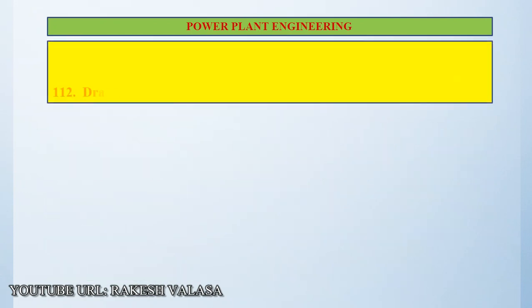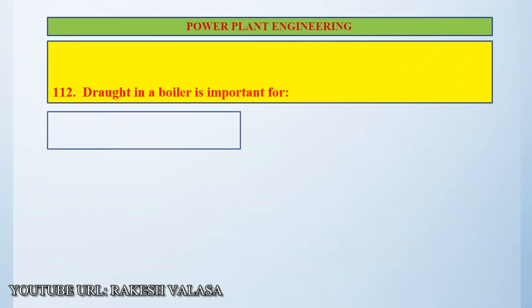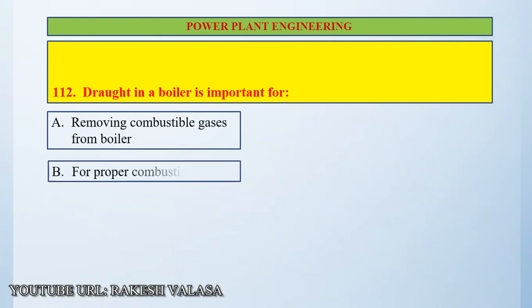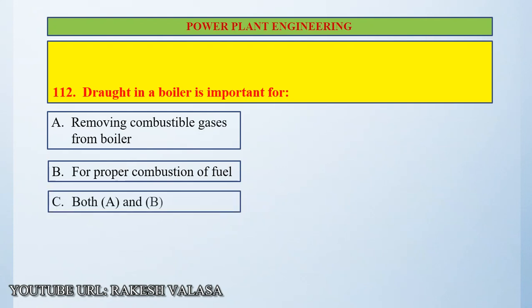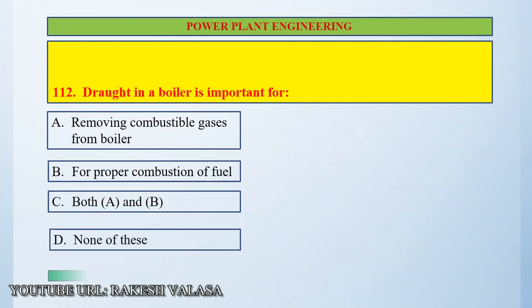Question number 112. Draught in a boiler is important for: option A removing combustible gases from boiler, option B for proper combustion of fuel, option C both A and B, option D none of these.